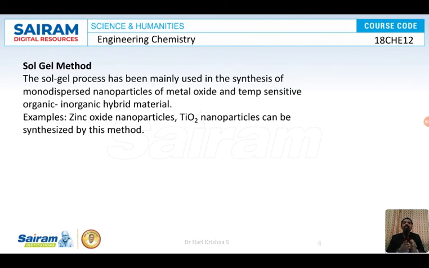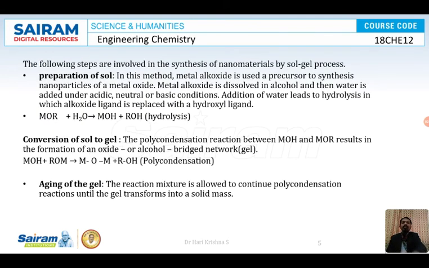The sol-gel process has been mainly used in synthesis of monodispersed nanoparticles, metal oxides, and temperature-sensitive organic, inorganic and hybrid materials. We'll see the different types of nanoparticles which are synthesized later. So let us see how to prepare nanoparticles using the sol-gel method.